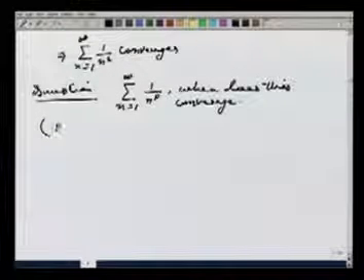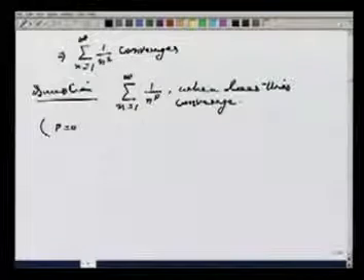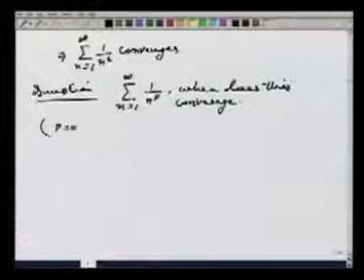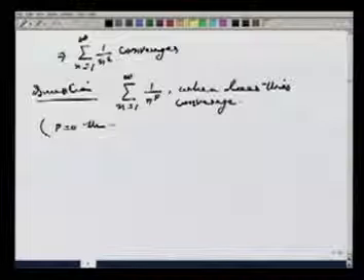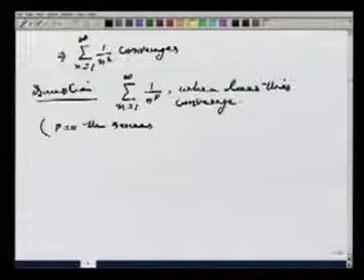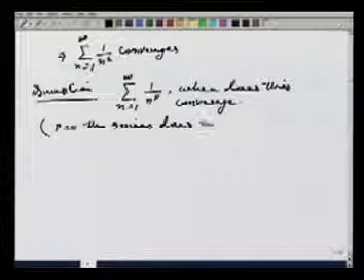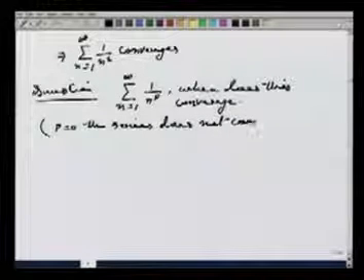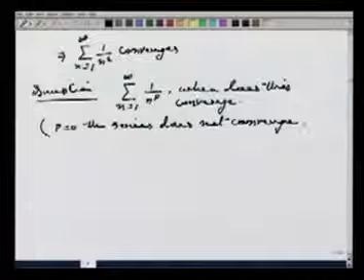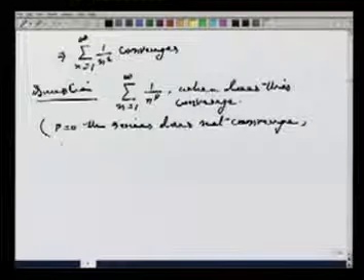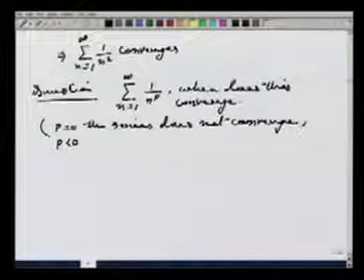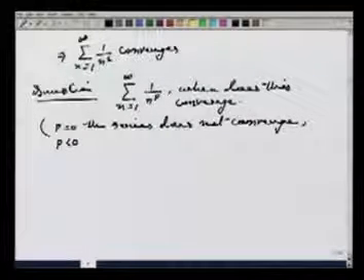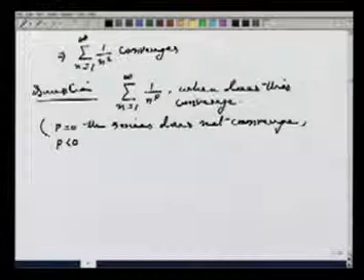Suppose p equal to 0, then you get the constant terms, that is always 1, and then the terms don't go to 0. So for p equal to 0, the series does not converge. And the same observation will be true if p is less than 0. If p is a negative number, then 1 by n to the power p actually means n to the power minus p, where p is positive.